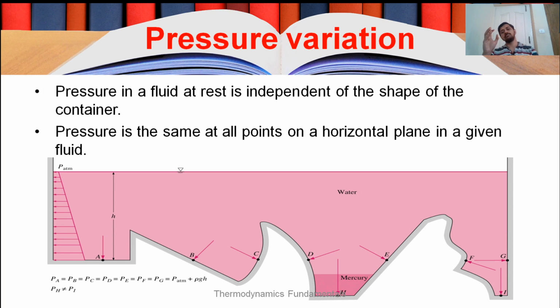So you can conclude from this analysis that in an irregular container connected with the same fluid, points situated on the same horizontal level will experience the same pressure. And when you go deeper in the same fluid of constant density, the pressure will increase.